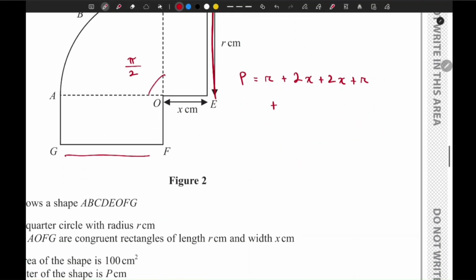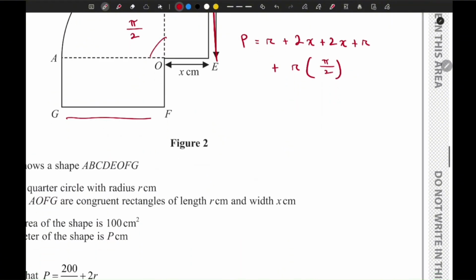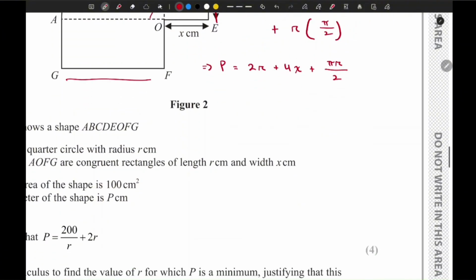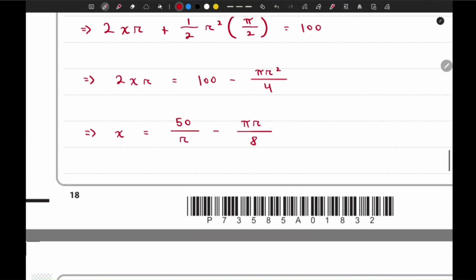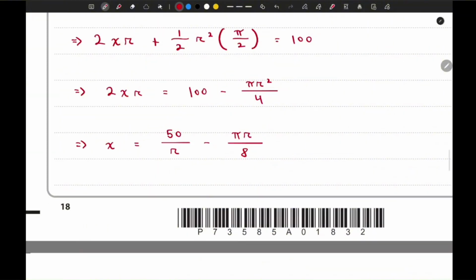The arc length would be equal to r theta. So if we simplify this equation, this will give us 2r plus 4x plus pi r divided by 2. And we can write x as 50 divided by r minus pi r divided by 8.